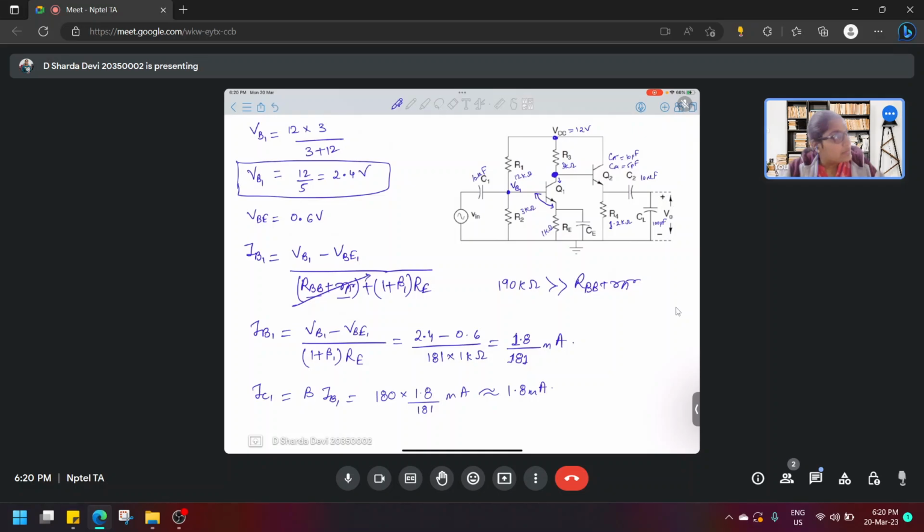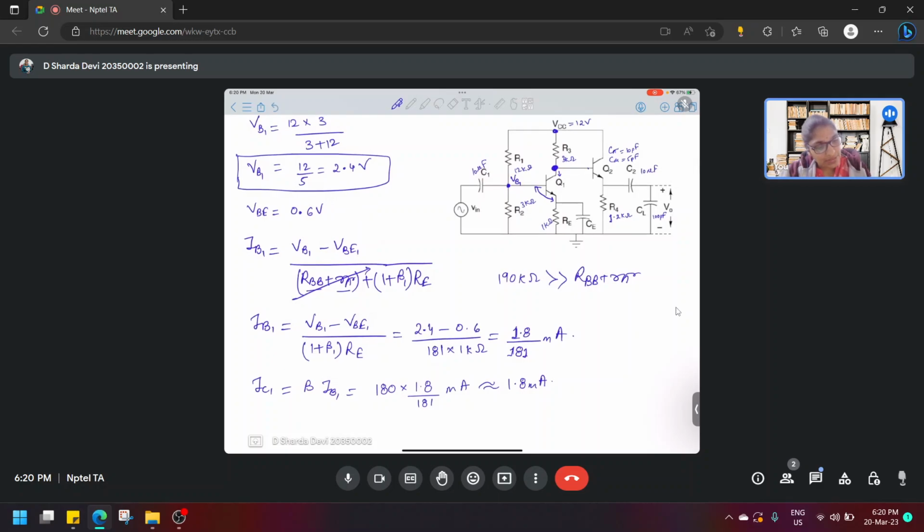Considering the base current through Q2 is very small, we'll neglect that part and we can find VC1, that is the collector voltage of transistor 1, as VCC minus IC1 into R3. So it will give the drop from this point to ground.